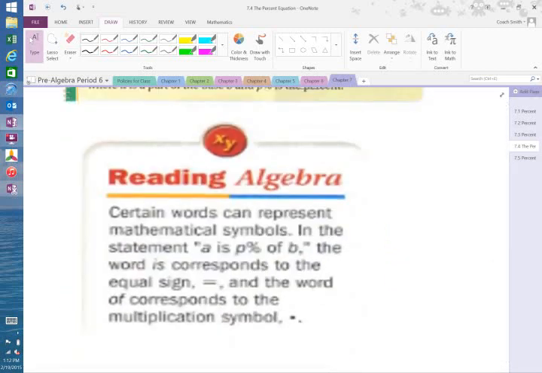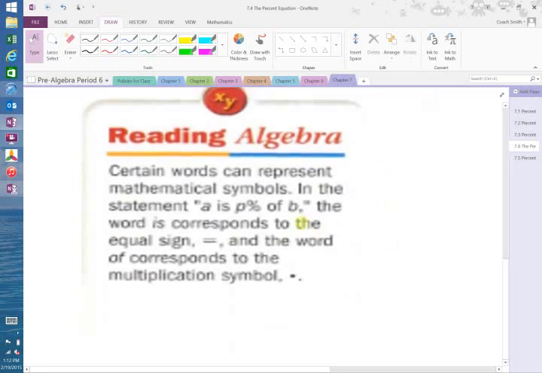It says, certain words can represent mathematical symbols, and this is what we just talked about. In the statement A is P percent of B, the word is corresponds to the equal sign, and the word of corresponds to the multiplication symbol.